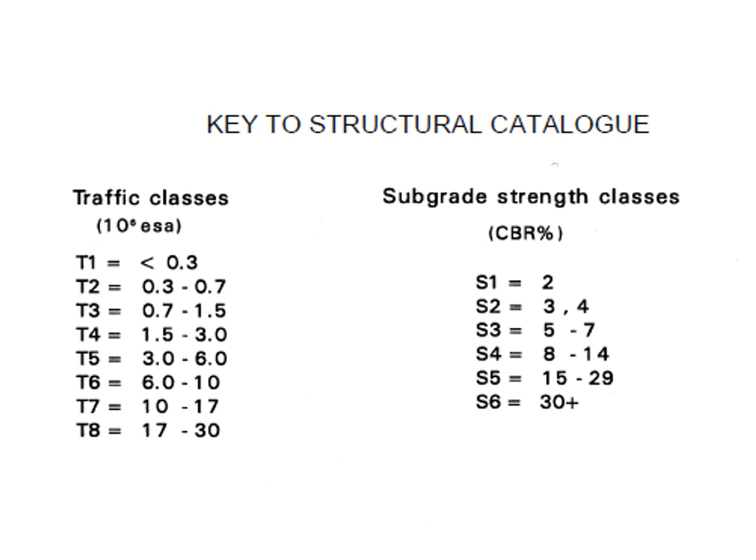Well, here you can see more clearly the traffic classes. Based on the equivalent standard axles or equivalent single axle loads, you can get the traffic class from T1 to T8, and based on the CBR value you can get the subgrade strength class from S1 to S6.